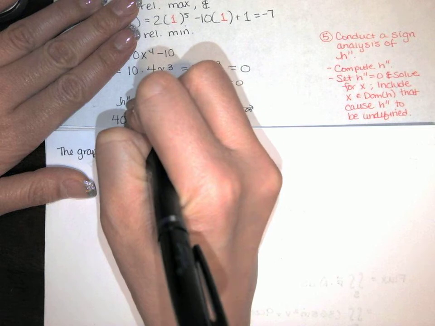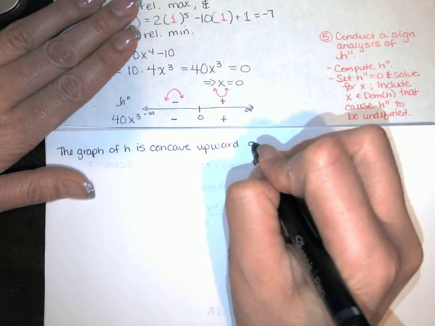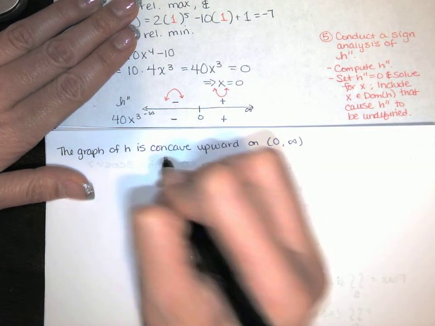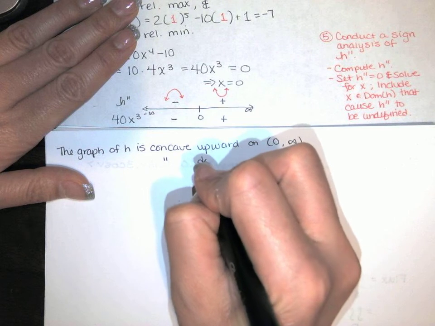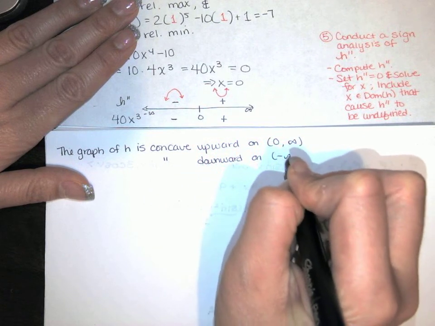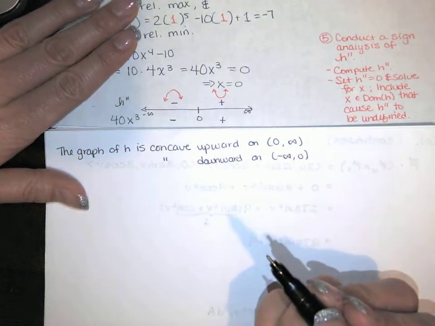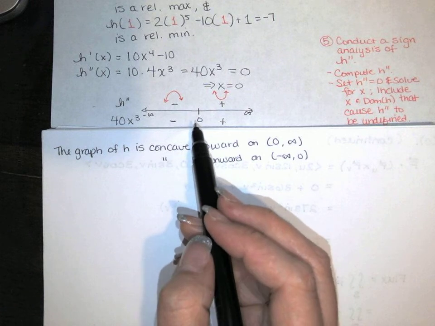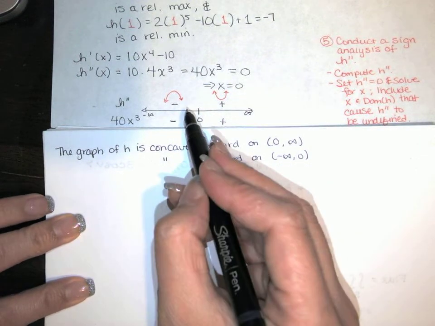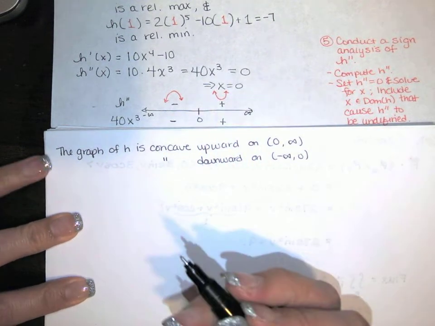It goes from negative infinity to infinity for x. And the original graph, the graph of the function h, is concave downward on negative infinity to 0. And 0, h of 0 is a point of inflection because the graph switches from concave downward to concave upward there.